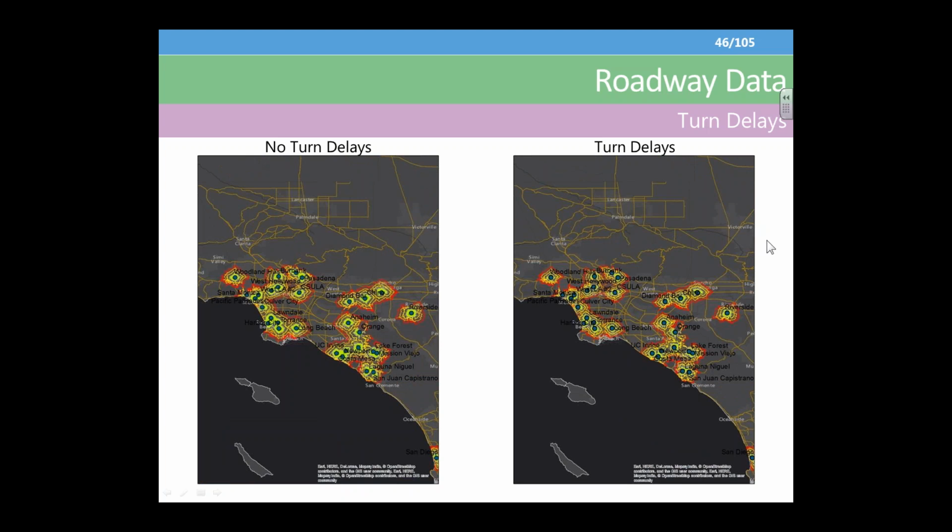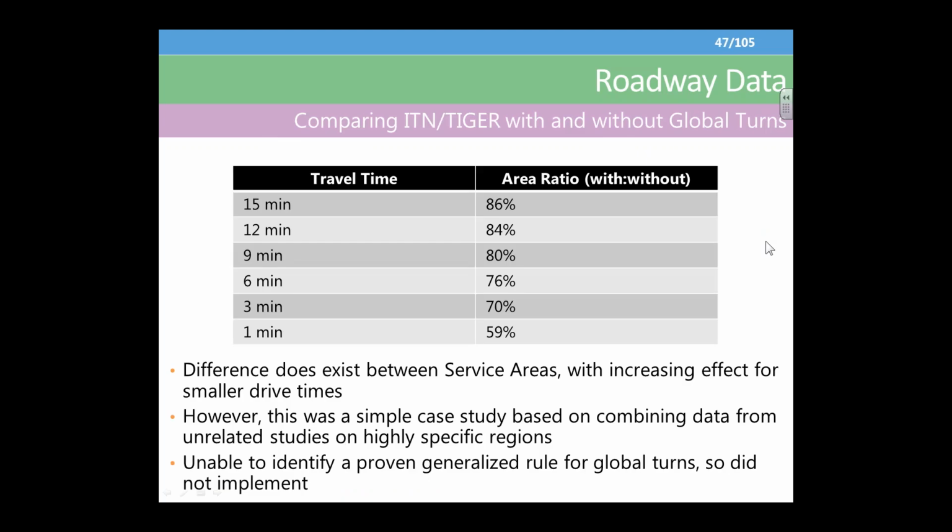Just to go through these quickly. To put numbers on it, it makes a bigger difference, obviously, on shorter drive times. We do acknowledge there's a difference, and that it can have an effect. But this was a simple case study based on a really rough estimate of what those turn delays would be in a global sense, putting the same number at every single intersection.